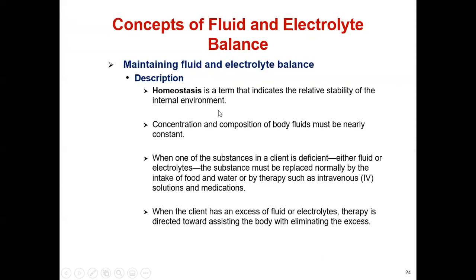What are the mechanisms of fluid and electrolyte balance, or what are the mechanisms of homeostasis? Homeostasis is the term that indicates relative stability of the internal environment. Concentration and composition of the body fluid must be nearly constant, which helps to maintain homeostasis.